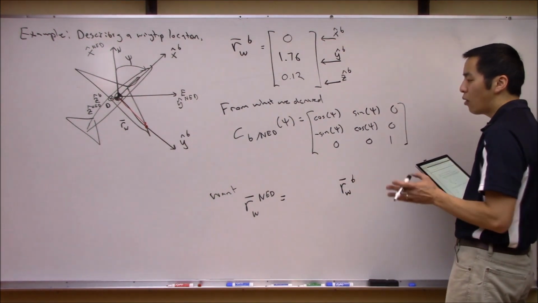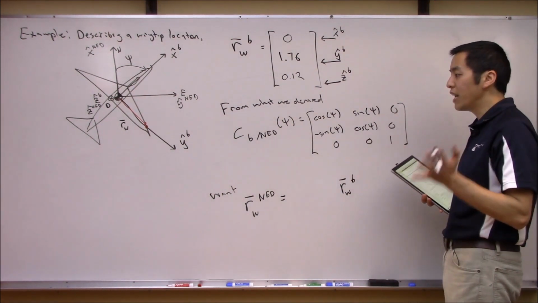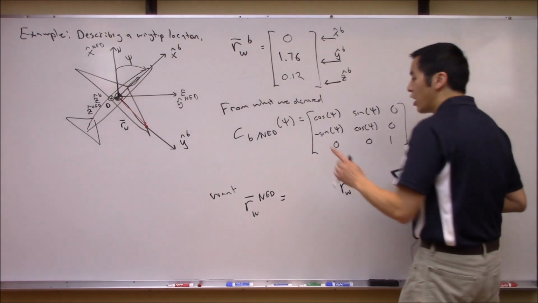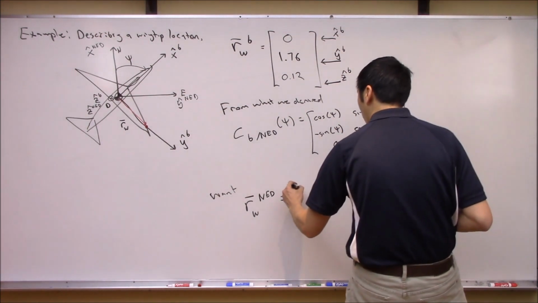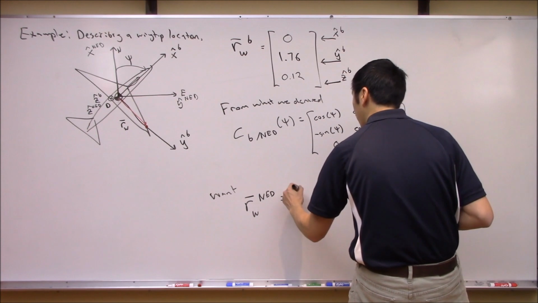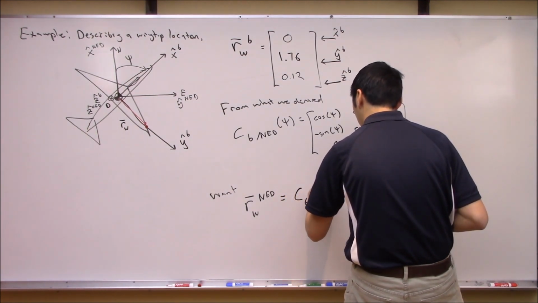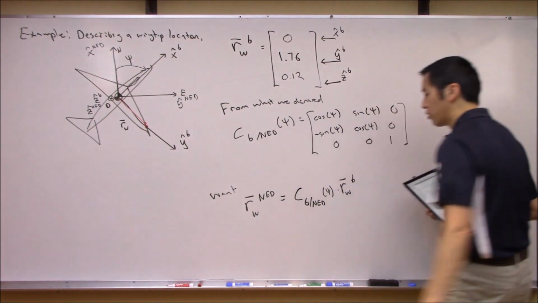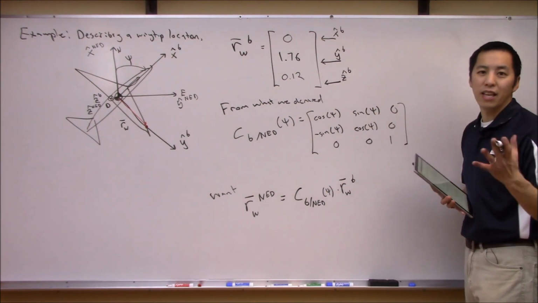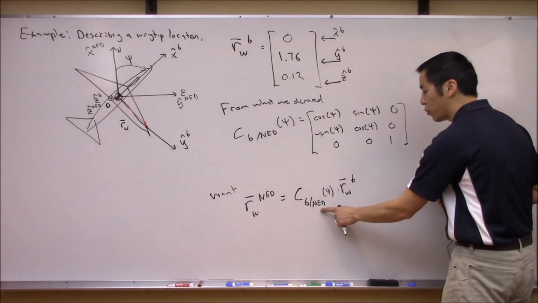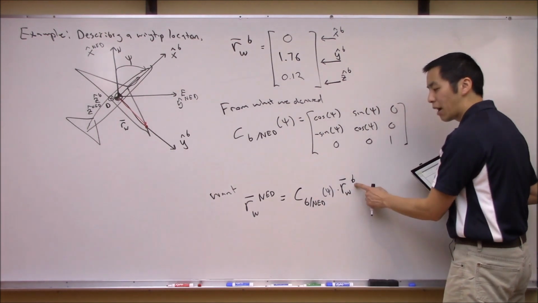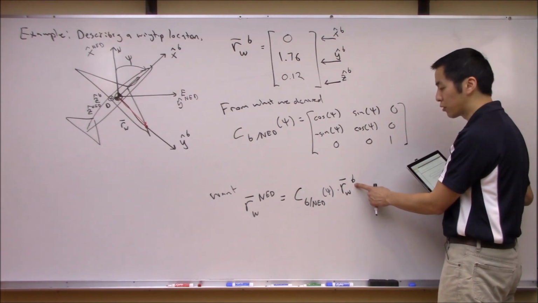Now, this is where we see that our indices are going to save our bacon. You might be tempted to just say, okay, why don't I take this matrix and jam it in here? So this is C_B with respect to north-east-down, psi, right? And multiply those two things together. But you're going to get the exact wrong answer in this case, because we see this subscript does not match this superscript here, right?